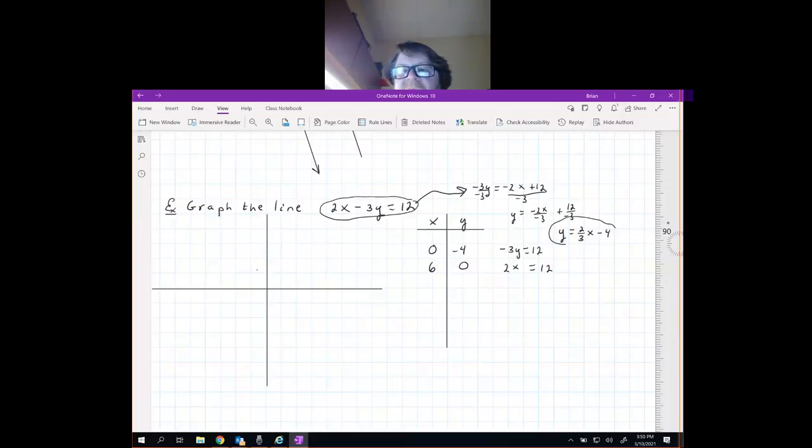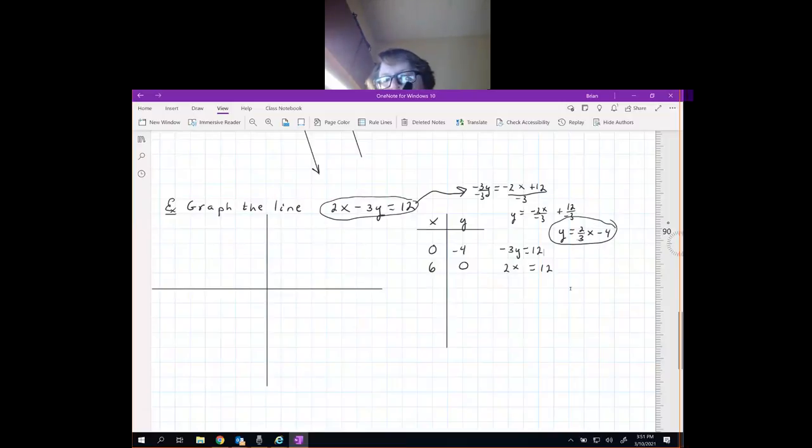Let me circle that one too, because that's the same equation, just manipulated a little bit. Now, you said you ran into fractions. That's because if you replace x with some number that 3 doesn't go into, you're going to get a fraction. Give me a number that 3 would divide evenly into for x.